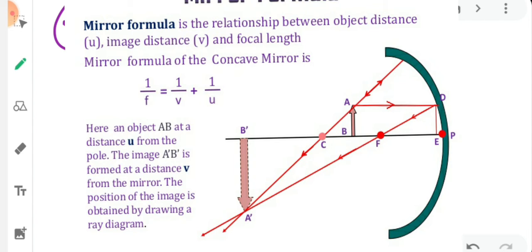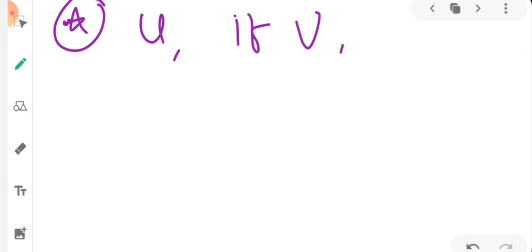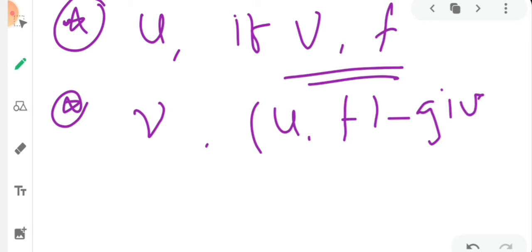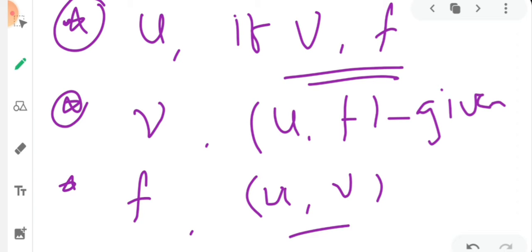Suppose we have to find out the object distance when we are given the image distance and focal length. Or sometimes you will have to find out the image distance when you are given the object distance and the focal length. These are your givens. Then the third and final thing, let us say you are finding the focal length if you are given the image distance and the object distance itself. If these two distances are given, then you have to find out the focal length.